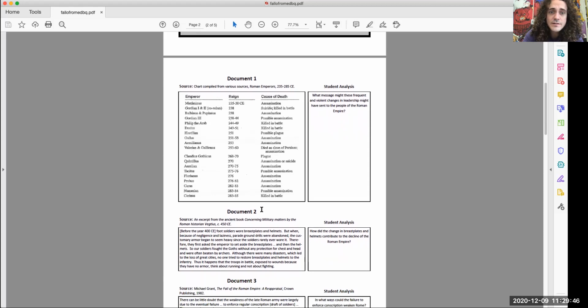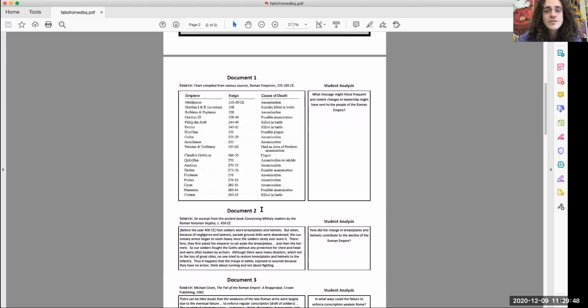Document 1 is a chart compiled from various sources of the Roman emperors. We have a list of all these different emperors, and if we look at them, none of them we've talked about yet. But remember, that's not relevant. If you knew supplementary information on these emperors, then you could use it.